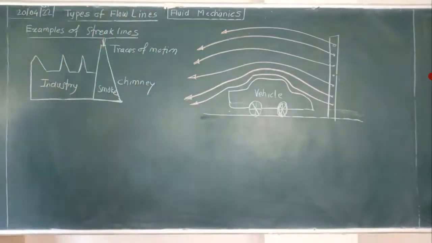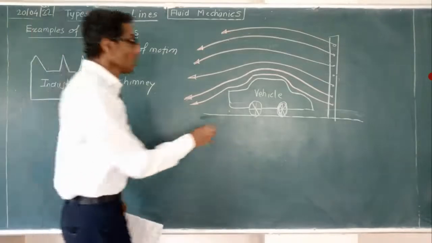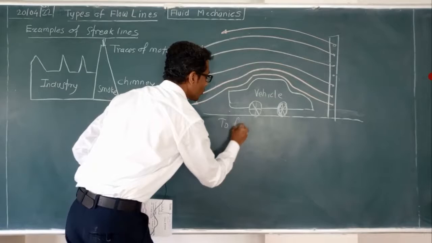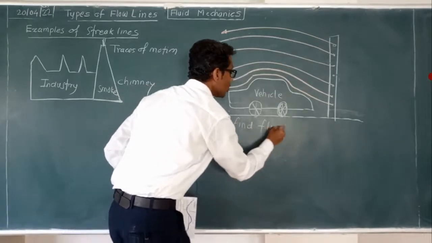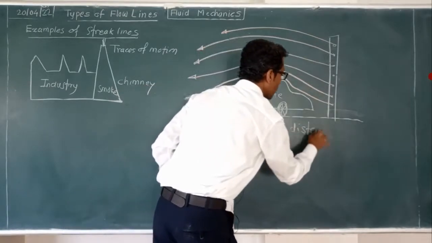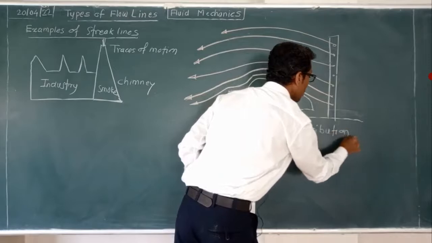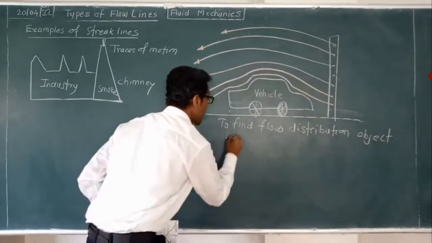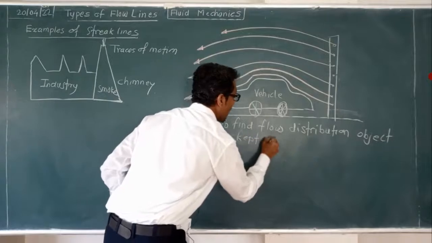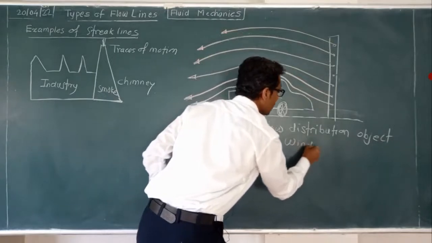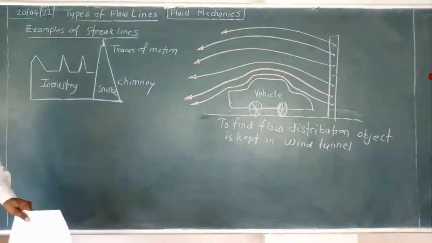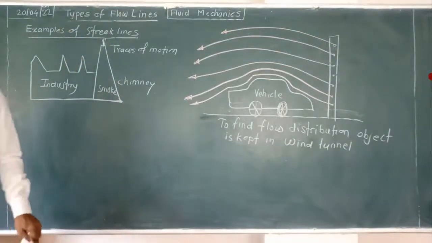This is done for the study of a vehicle or car, to determine the flow distribution. The object is kept in an apparatus called a wind tunnel, a big tunnel.